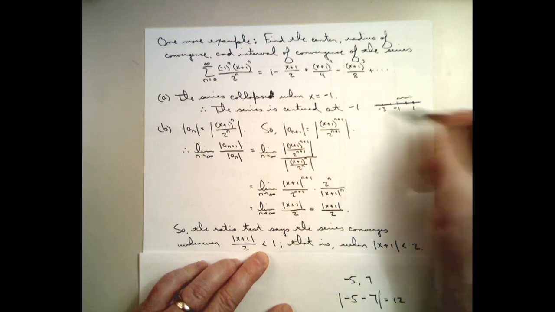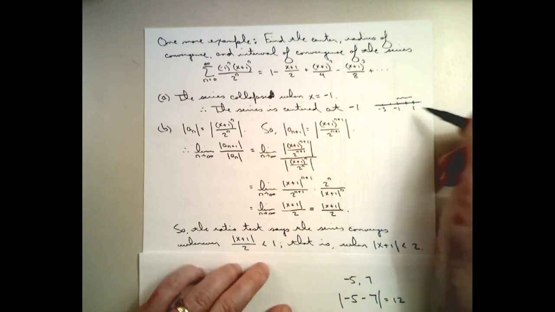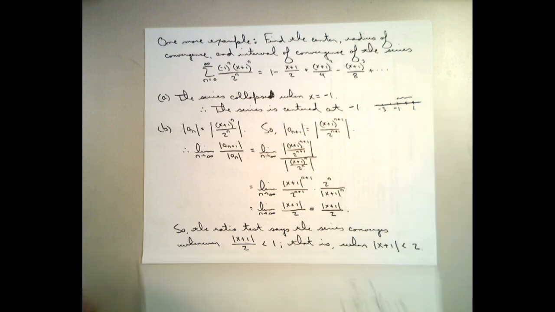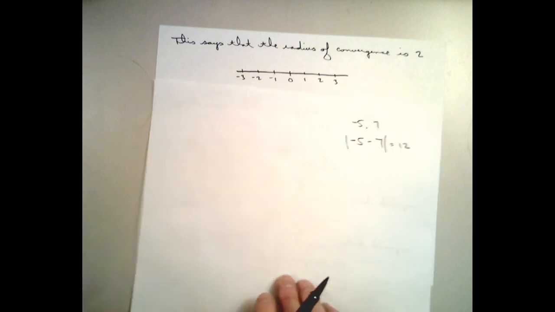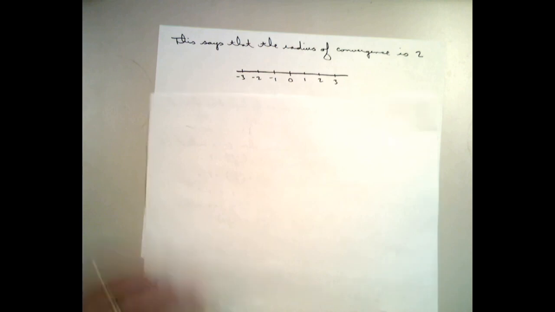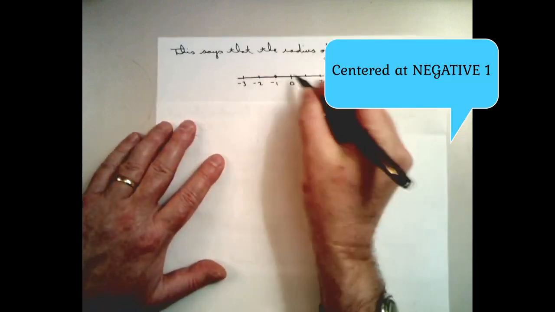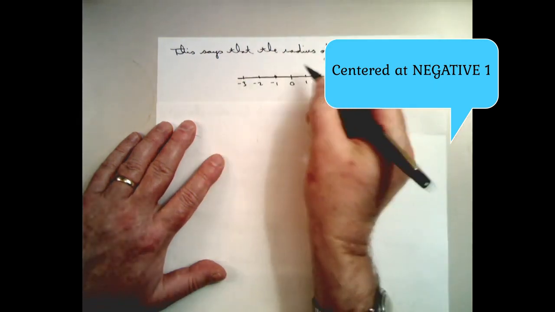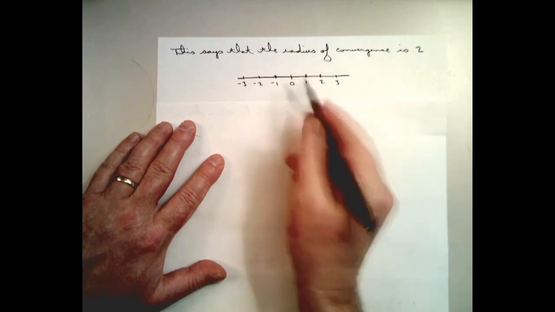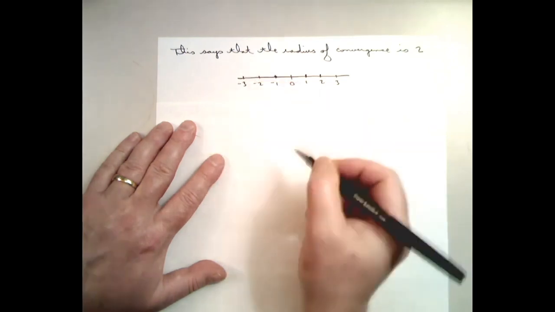So now I know the 4 choices that my interval of convergence might possibly be. All right, so the radius of convergence is 2. So centered at -1, radius of convergence is 2. So from there, 2 units away from -1 is 1 in that direction, and 2 units from -1 is -3 in that direction.